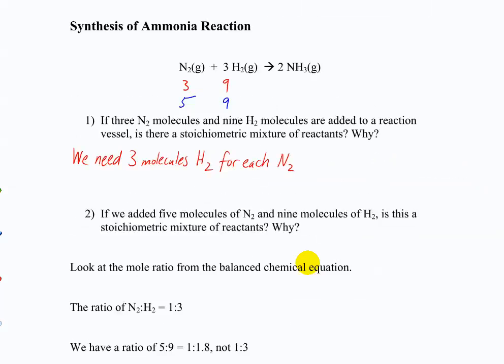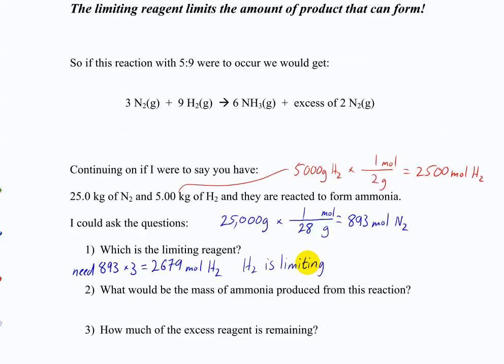There, 1, 3, 2. To answer this next part, what would be the mass of ammonia produced from this reaction? So if we know that hydrogen is limiting, which number of moles do we use to figure out the amount of ammonia that would be produced? So now we have to do this. Remember, we'll remind you of the reaction here.